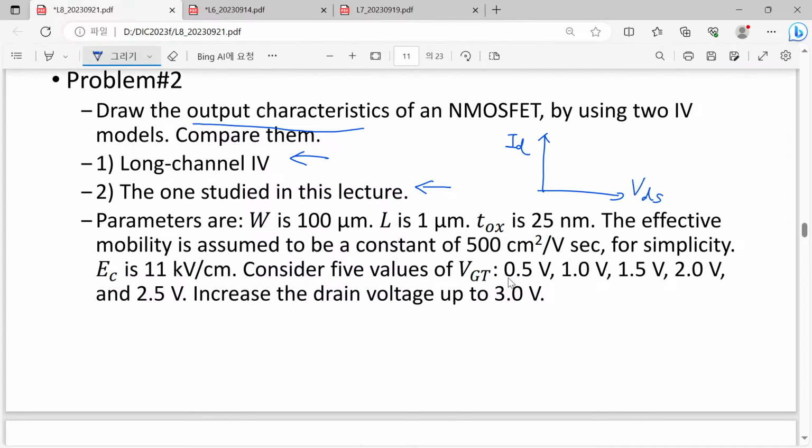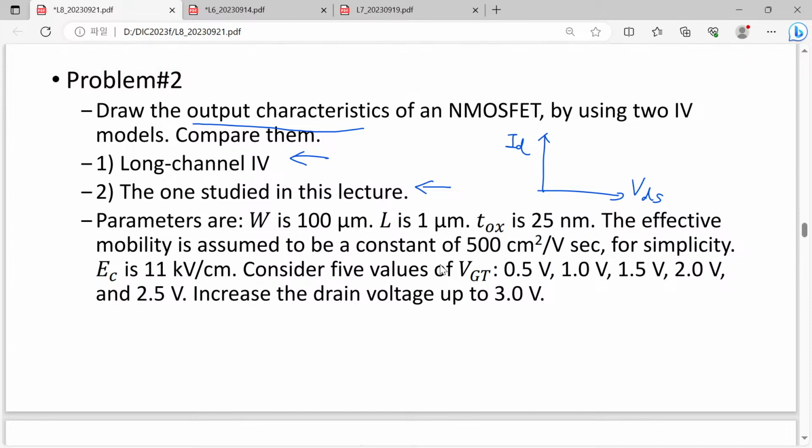I have tried to give you every detailed parameter, and I think it is enough to perform problem number 2. If you have anything uncertain, please show your choice of parameters. No further parameters are given, but I hope this is quite enough to draw your graphs. Okay.